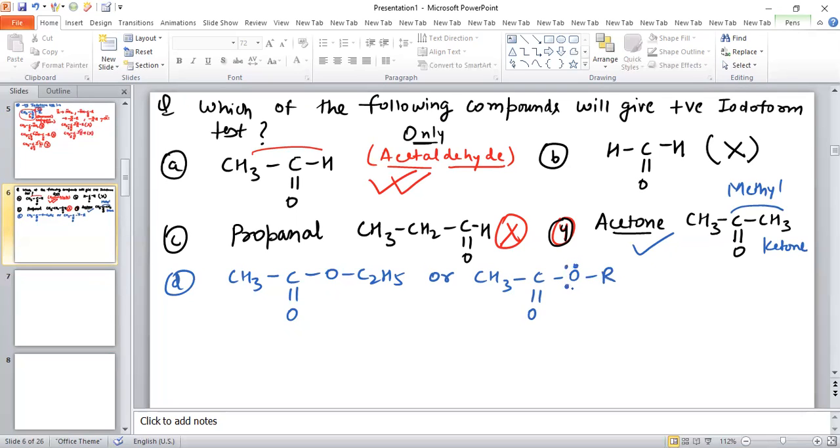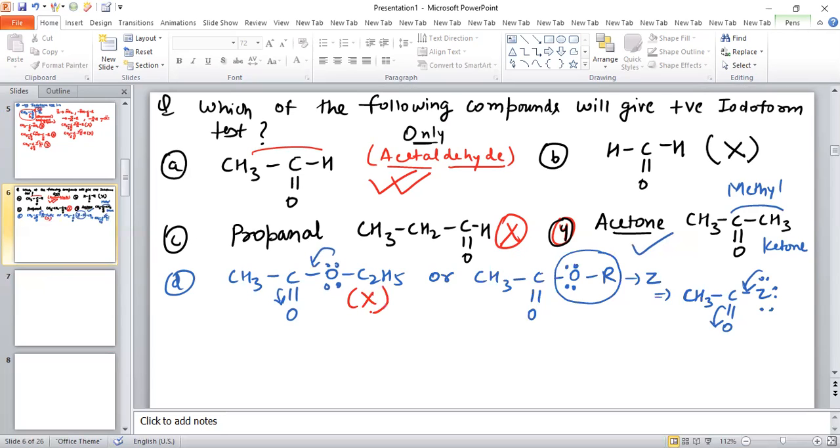So this OR group is basically Z, and Z has a lone pair of electrons. We know whenever a lone pair of electrons is in conjugation with C double bond O, this lone pair is in resonance. So we will say this will give a negative iodoform test. So the test given by this compound is negative. In the same way, you can compare some more compounds.